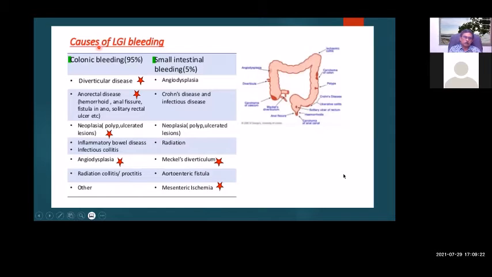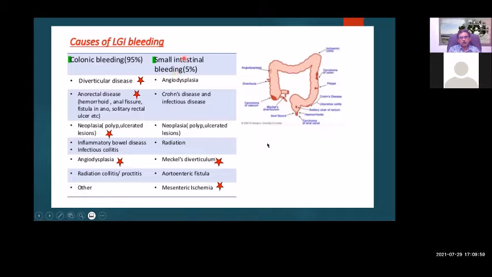This table lists the common causes of lower GI bleeding according to the site. Colonic bleeding accounts for 95% of the bleeding cases, with diverticular disease, anorectal diseases, especially hemorrhoids, neoplastic lesions, polyps, and cancer, and angiodysplasia being the 4 most common causes of lower GI bleed.